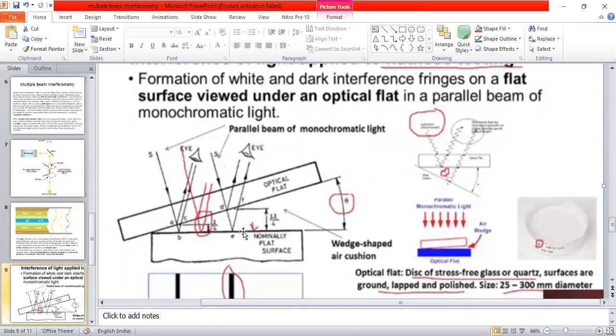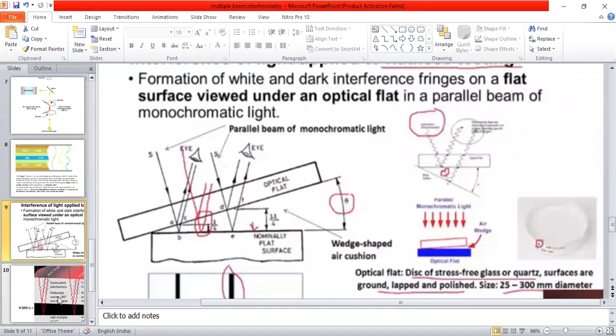That is why destructive interference happens and the dark fringe is produced. In the red color we have drawn, if it were constructive interference, in phase, then we would have got the white fringe. So there should be an air gap between the optical flat and the working surface, otherwise we will not get any fringes. Okay, understood this?